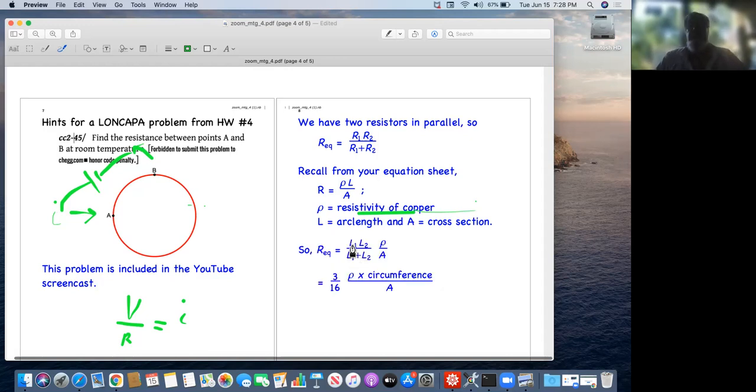So we have common factor rho divided by A, times L1 L2 over L1 plus L2. L1 is 1/4, L2 is 3/4. So it'll be 3/16 times rho times the circumference of the circle divided by the cross-sectional area of the wire. So again, this is the kind of problem where you need to know several equations and then you have to put them together.